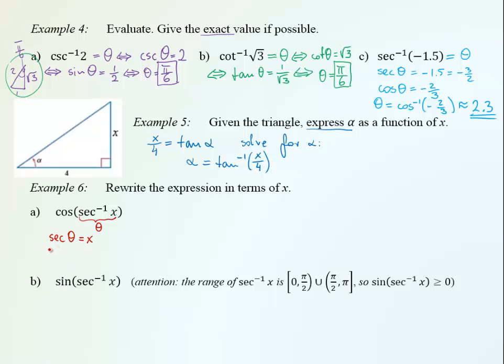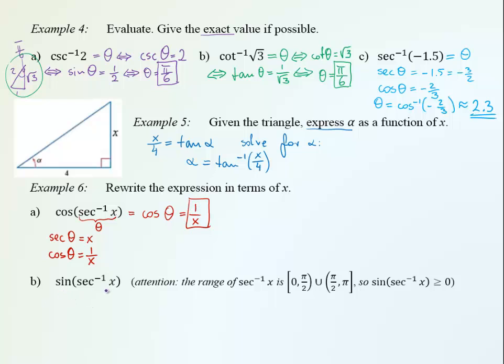That translates into cosine of theta equals 1 over x. Okay, great. But what's our expression? Our expression is actually cosine of theta, because that's theta. Okay, therefore this is just 1 over x. So the whole expression was simplified to 1 over x.